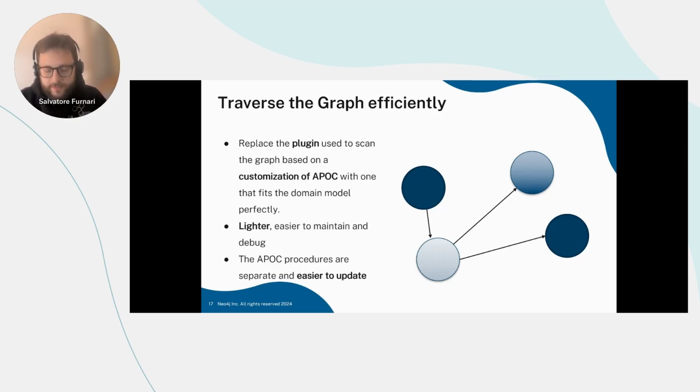So for this reason, this solution was not efficient. So I have developed a new plugin from scratch using the Neo4j traversal framework, tailored to the domain's business logic requirements. The new plugin is lighter, and easier to maintain and to update.